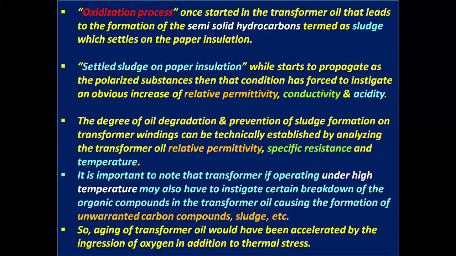It is important to note that a transformer operating under high temperature may also instigate certain breakdown of the organic compounds in the transformer oil, causing the formation of unwarranted carbon compounds, sludge, etc. So, aging of transformer oil is accelerated by the ingress of oxygen in addition to thermal stress.